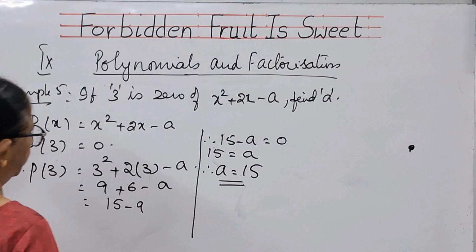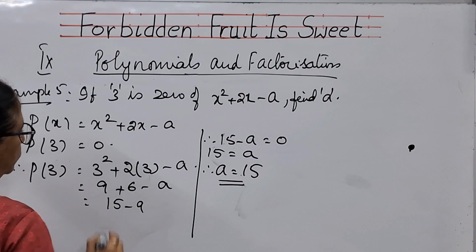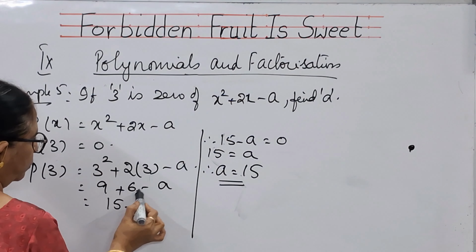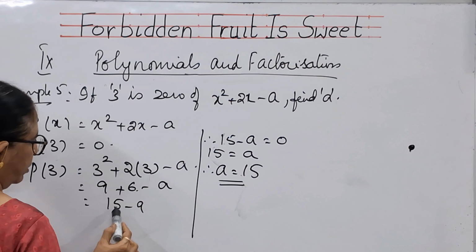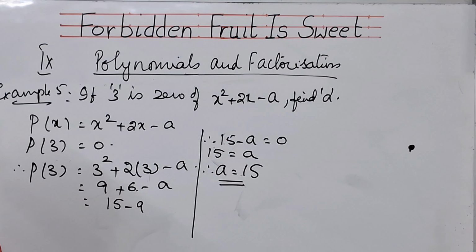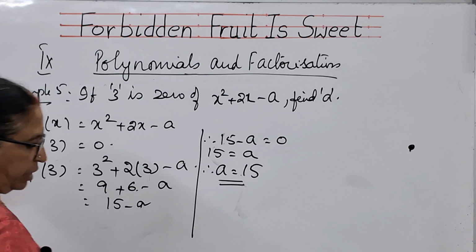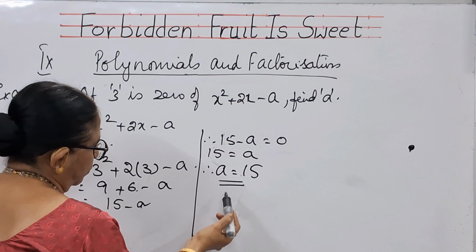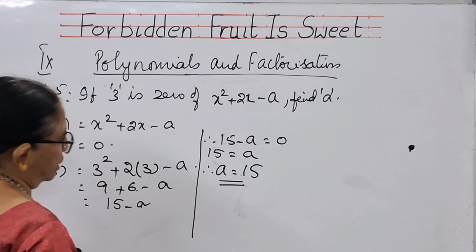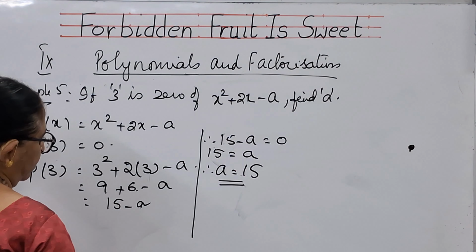So the problem you have plus here. So 3 square plus 2 into 3 minus a. 9 plus 6 minus a. 15 minus a. So 15 minus a is equal to 0. 15 is equal to a. So a is equal to 15 is the answer.